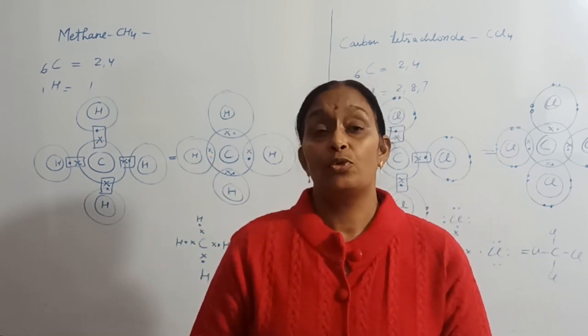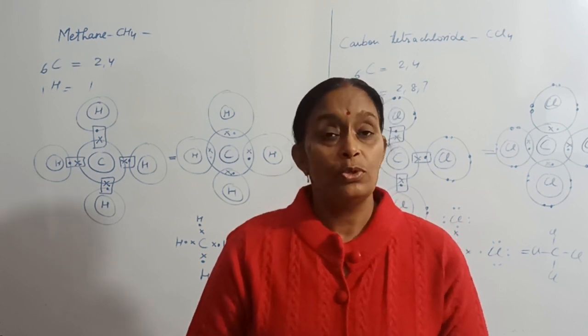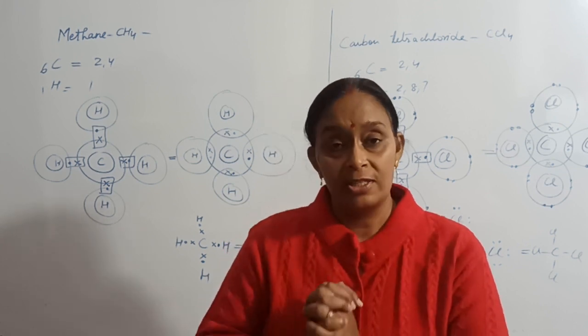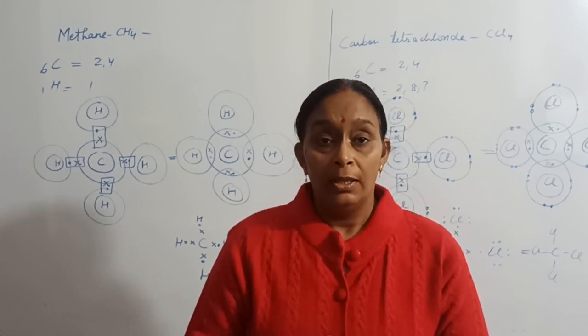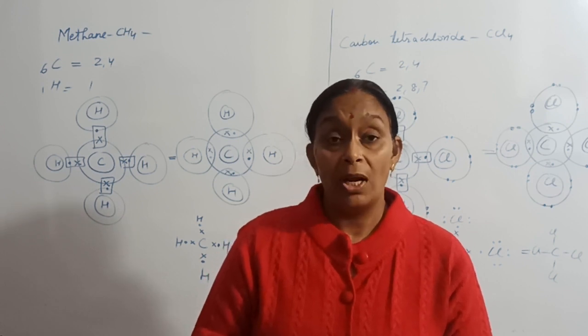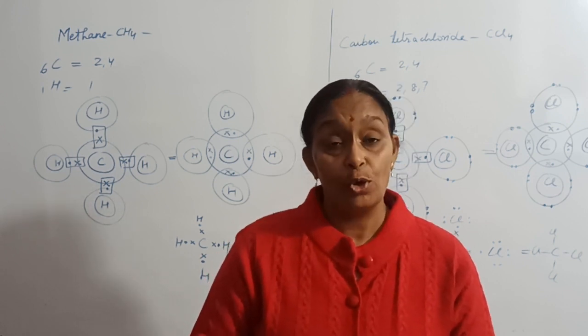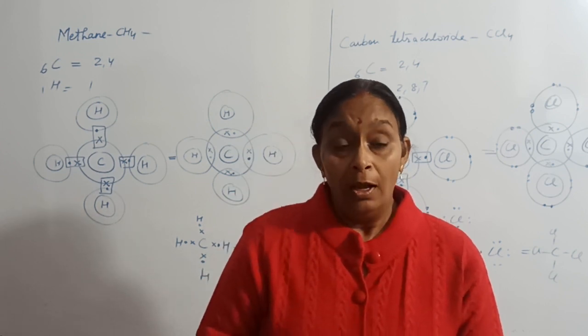Because of these strong forces, ionic compounds are always hard solids. They do not exist in gaseous or liquid state. Their melting and boiling points are high because you have to break those strong forces of attraction.